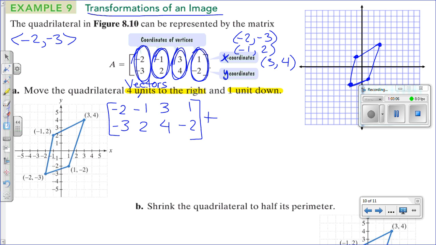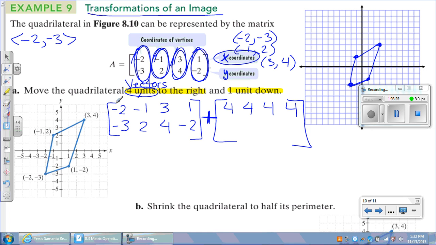And remember, the top row represents the x coordinates. And so we want those x coordinates to move to the right 4 units. So it makes sense that to every entry on the first row, we add 4. 4 units to the right.